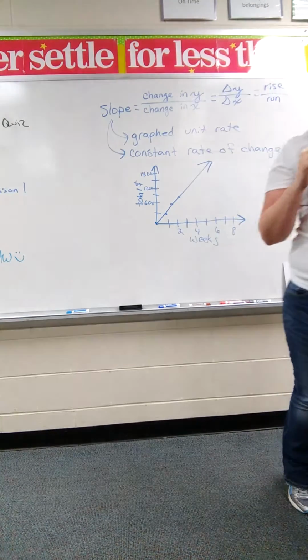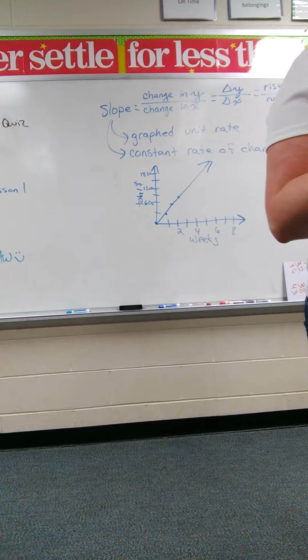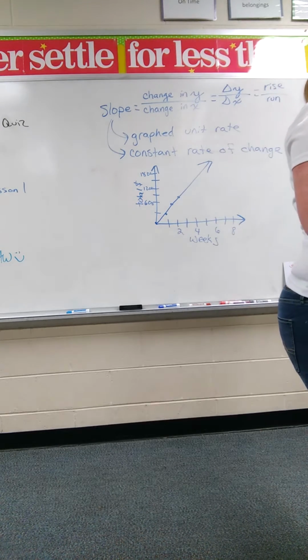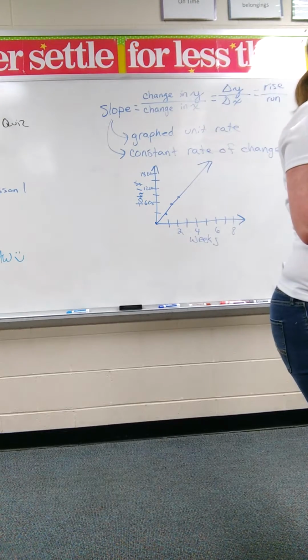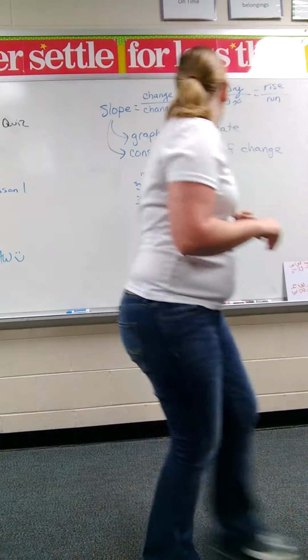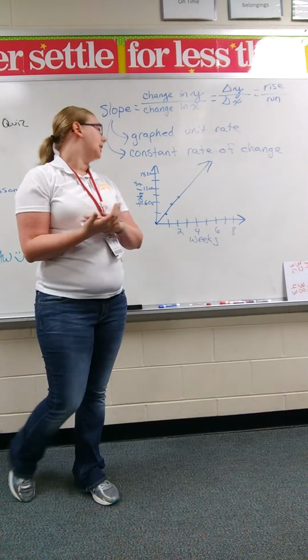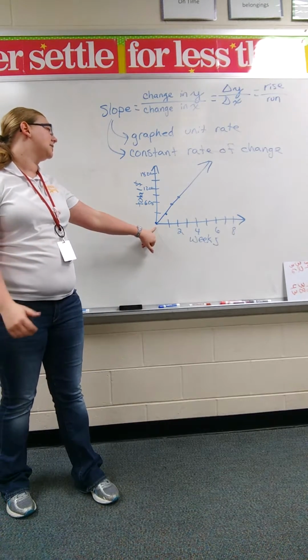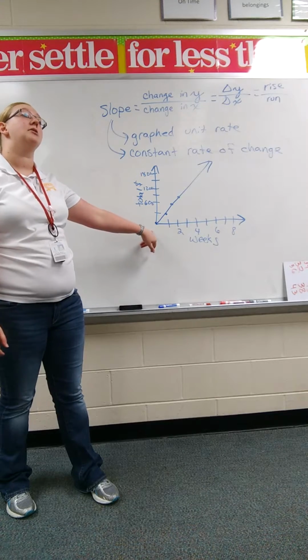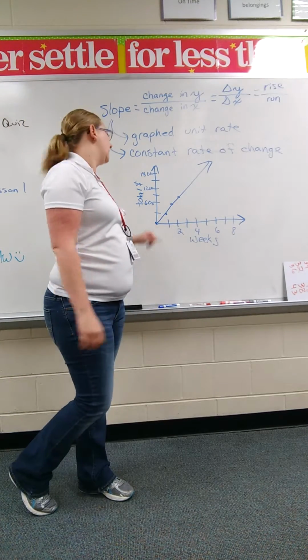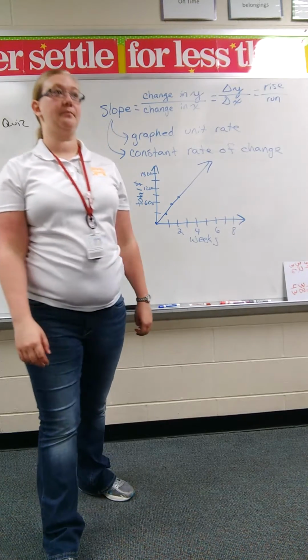Sometimes, though, we can have a slope on a non-proportional graph. Does that make sense? No? Okay. So what we had, I said, let's assume that instead of having at 0 weeks, there was $0 in the account, let's pretend that the account already had $200 in it.